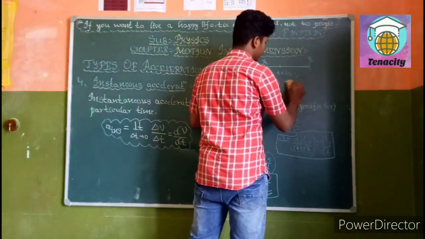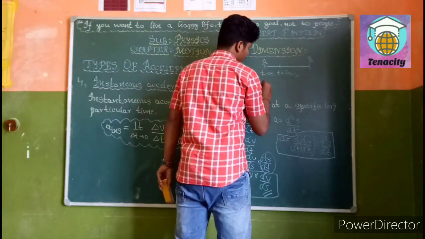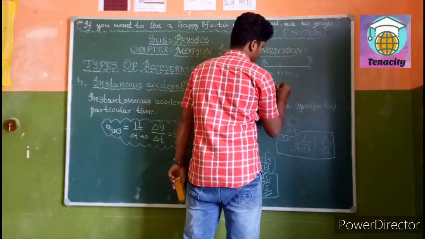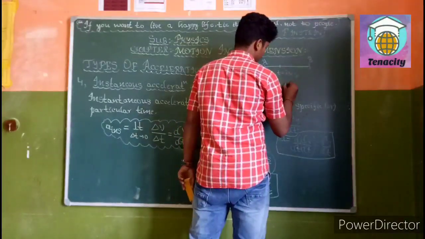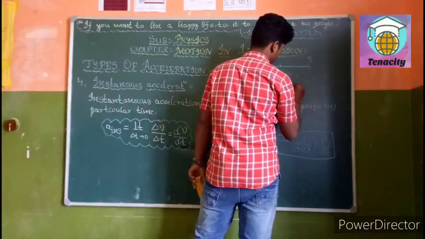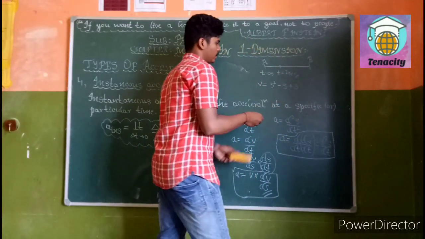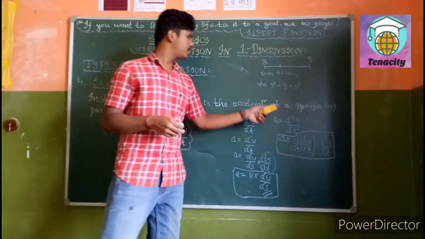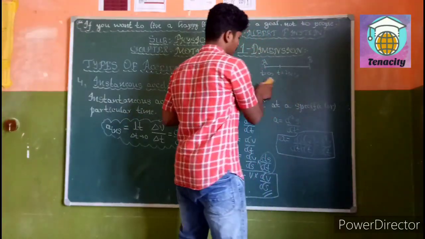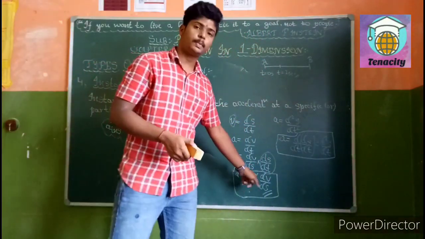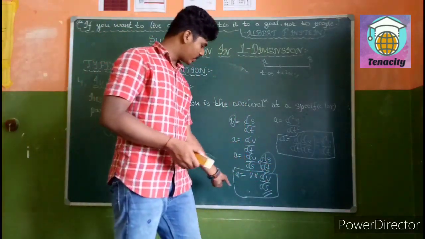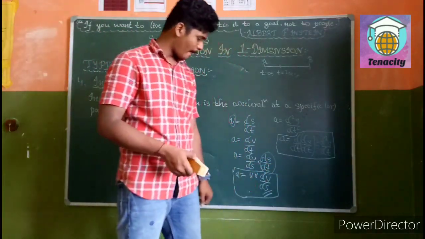When they give velocity with respect to displacement, you can differentiate it with respect to s and multiply with v.